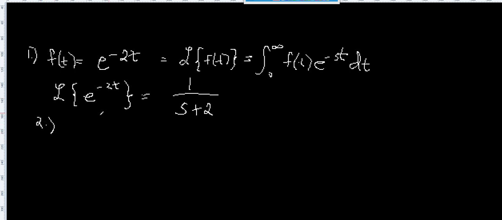For number 2, if you have a function of t which is equal to 2e to the negative 2t, according to the second theorem, that is just equal to 2 times the Laplace transform of e to the negative 2t.